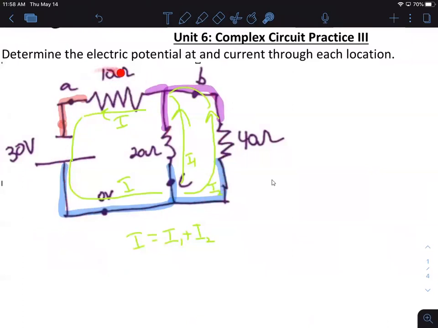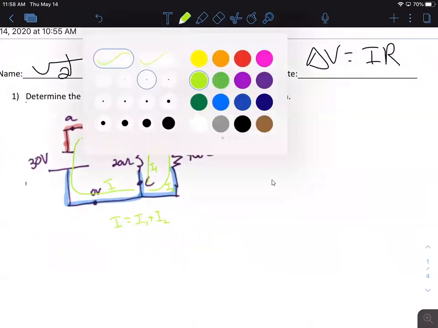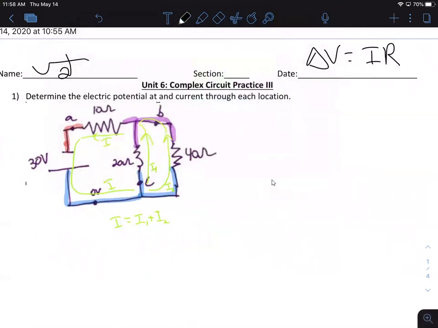Both paths involve losing this amount. Therefore, these also have to change the same amount so that both paths work out to giving me 0 change in energy overall. All right, so those 2 and 3 ideas are the key major ideas of this unit, and everything that we do is with those 3 ideas.